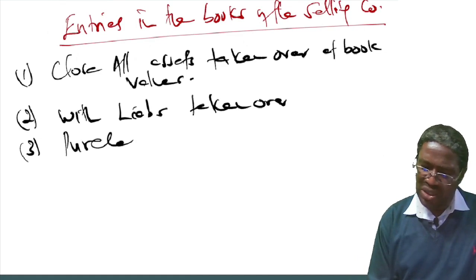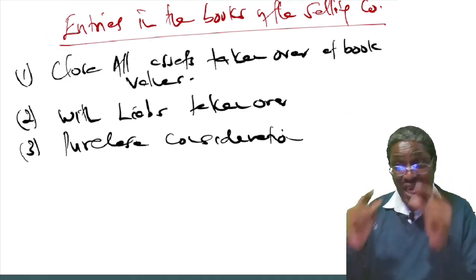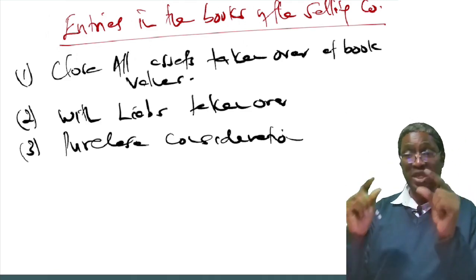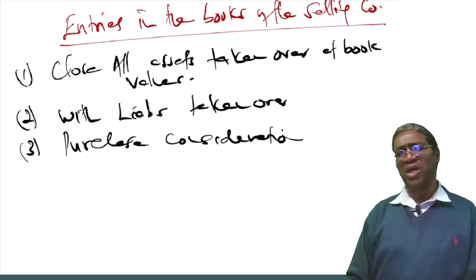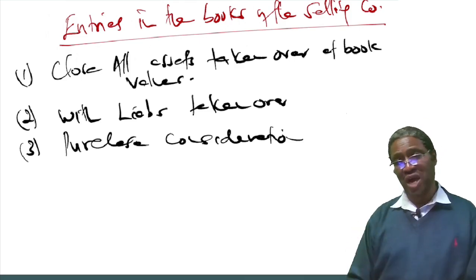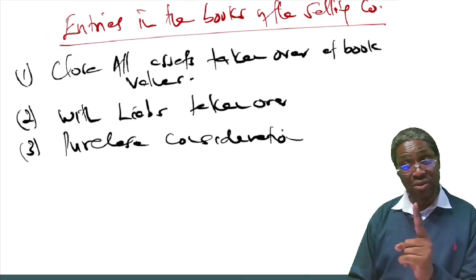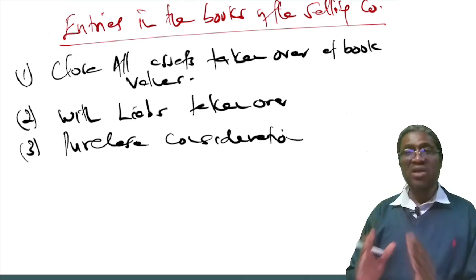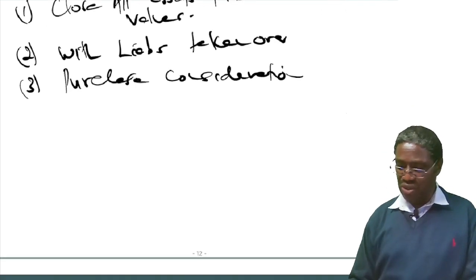So step number 3 says, with the purchase consideration, what is it that you as company A are charging company B? Let us assume for purpose of illustration that you are charging company B 50 million to buy you. I'm not saying they are paying you 50 million now. No, you are charging them 50 million, being the purchase consideration. What is the accounting entry?